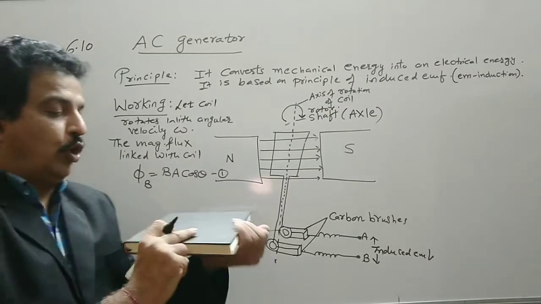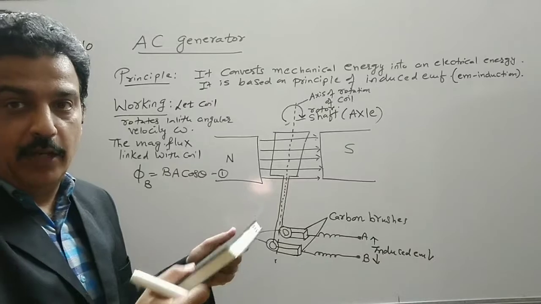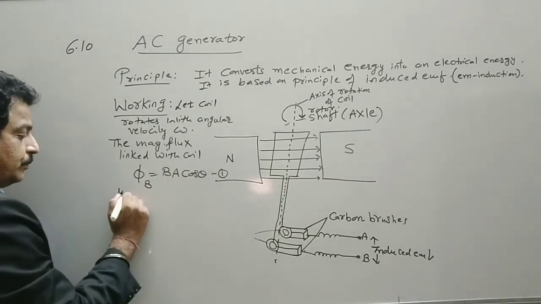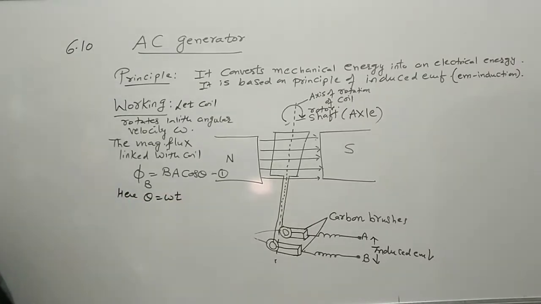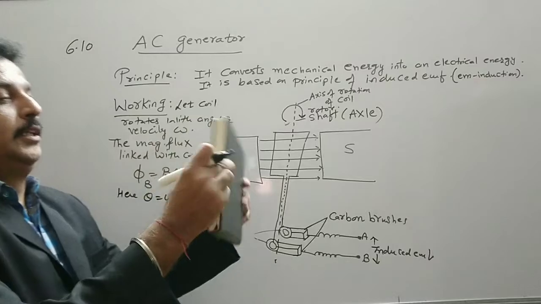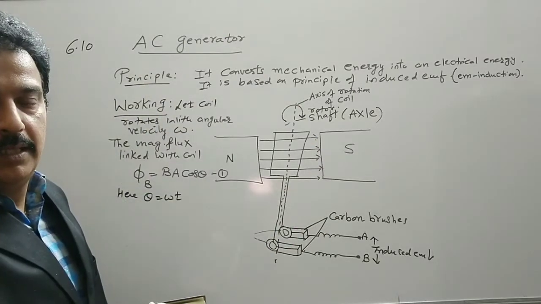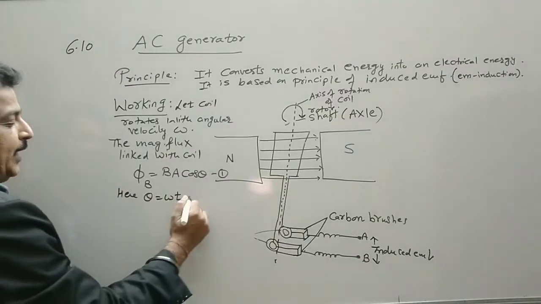Now when this coil rotates, theta will be referred to as angular displacement, and angular displacement is nothing but angular velocity multiplied by time. So if it rotates, it will perform a uniform circular motion. From that we can find out that theta is equal to omega t.